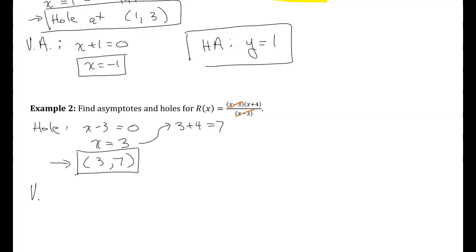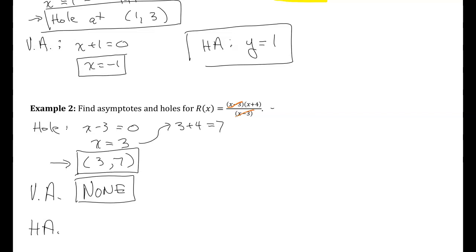Okay, vertical asymptotes. No factors left in the denominator, which means that there are none for vertical asymptotes. And then for our horizontal asymptotes, the degree of the numerator is actually 2.